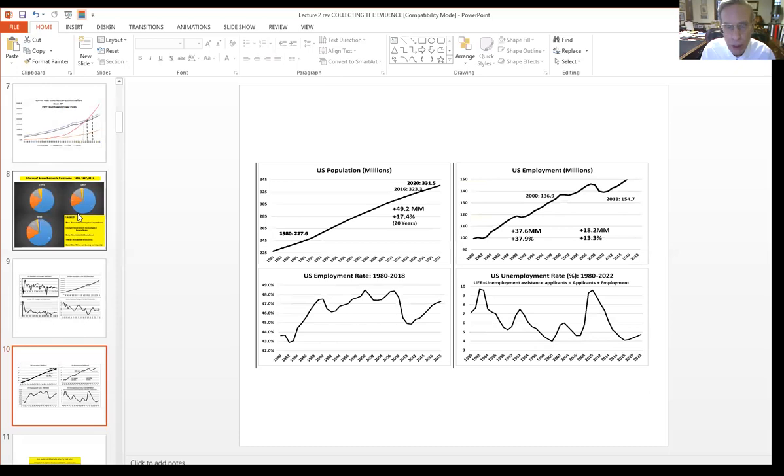Today, a lot of it's done by mail, but these are the folks who have applied for and are receiving some kind of unemployment compensation. So that number is divided by the total workforce, that is the total people who are employed, plus that number who have applied for and are receiving unemployment compensation. Something's left out, isn't there?